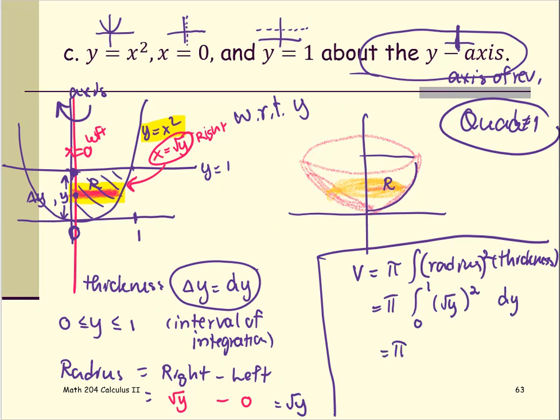Simplify to get pi times the integral from 0 to 1 of square root y squared, that's y, with respect to y. The antiderivative gives y squared over 2 multiplied by pi, evaluated from 0 to 1. And it comes out as a very nice and clean answer, pi over 2.